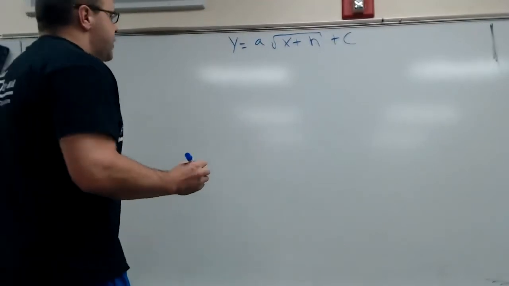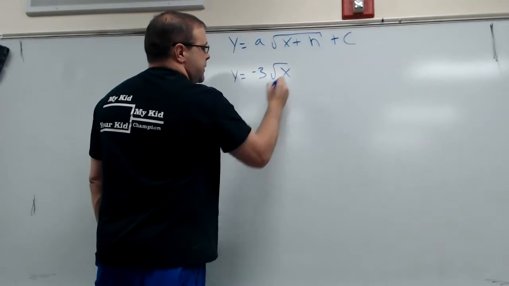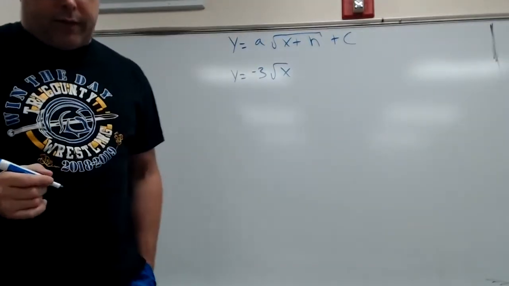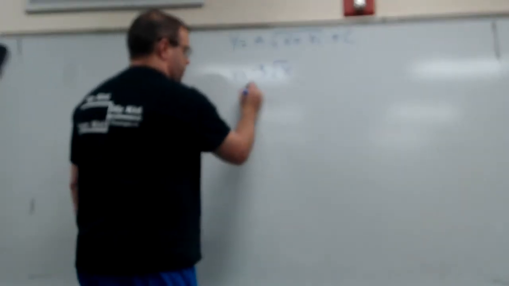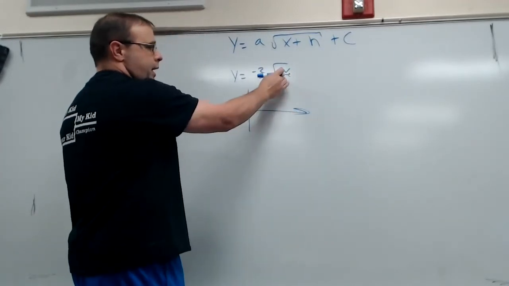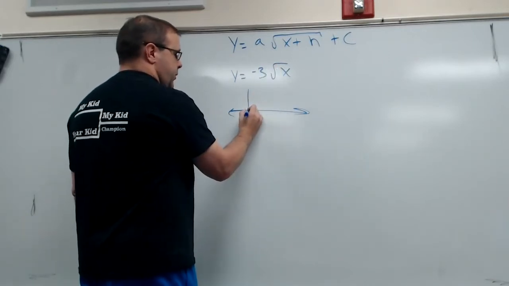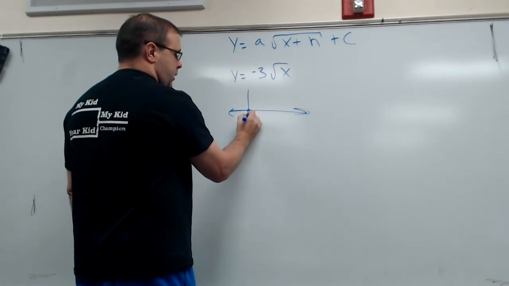Okay, so the first one that they want us to do is y equals -3 square roots of x. And they want us to graph it. So we're going to do the same thing that I just did. And can't put in a negative. There's no negative numbers that will come out of that. So 0, 0. Put in 1.